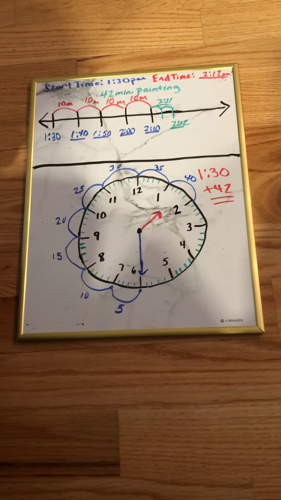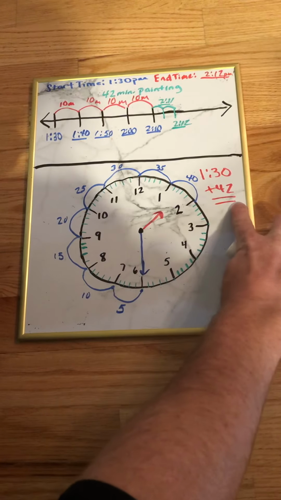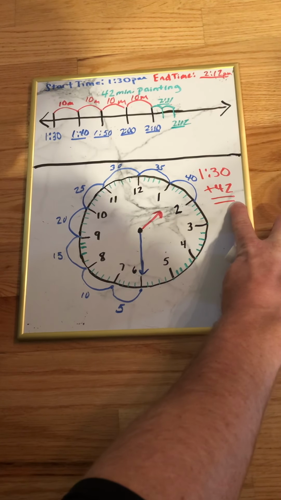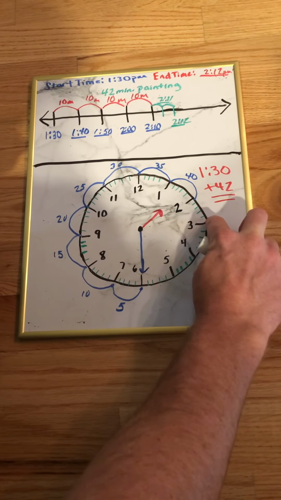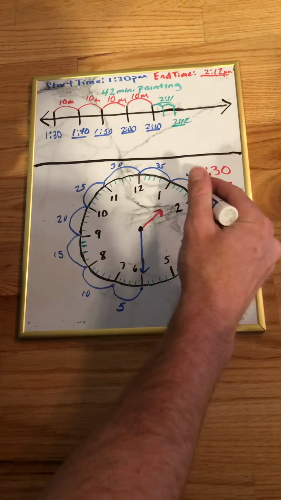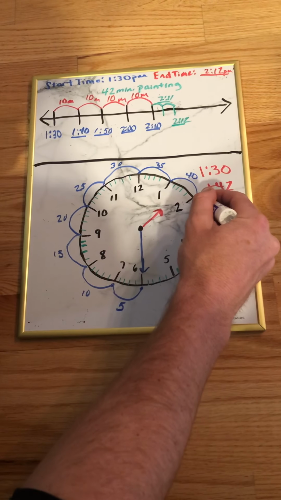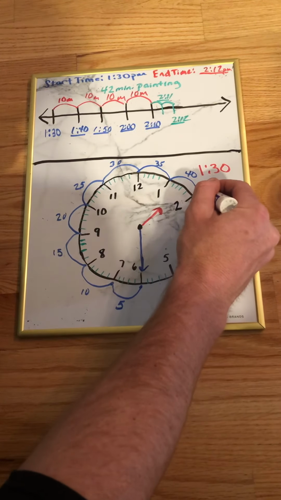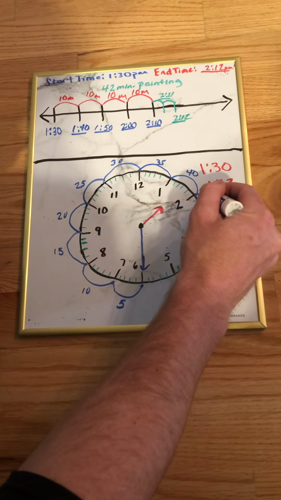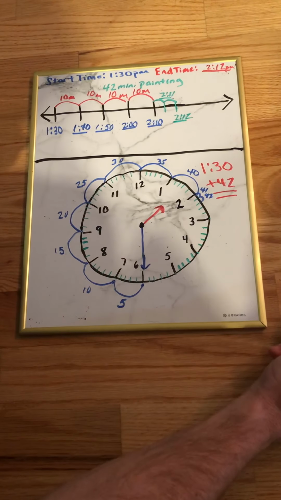Let's hold up right there. The elapsed time is 42 minutes. So we have to ask ourselves, do we jump up to the 3? No, sir. We have to just jump 2 small green tally marks. 41 and 42.